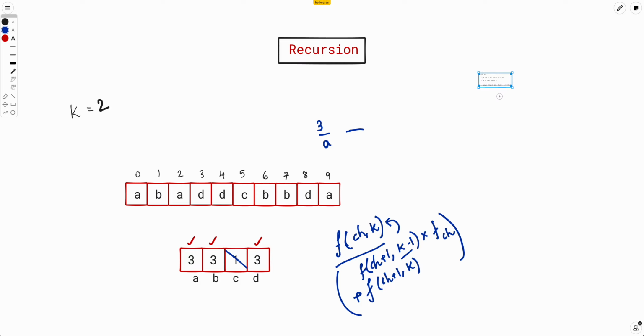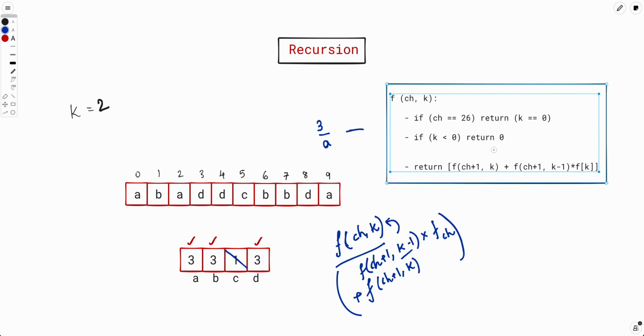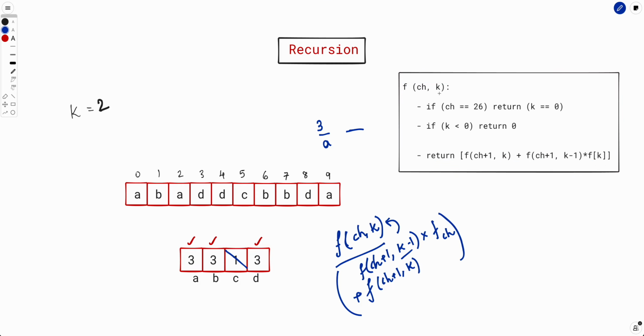So the pseudocode for this would look something like this: f of CH and K. Again, it's exactly similar to what we have discussed. Either you will pick the character or you will not pick the character. If you don't pick the character, basically you are saying that I have to fill the remaining K characters with the remaining characters that I have. Otherwise, if you put CH at the current place, then you remain with K minus 1 characters hereafter.